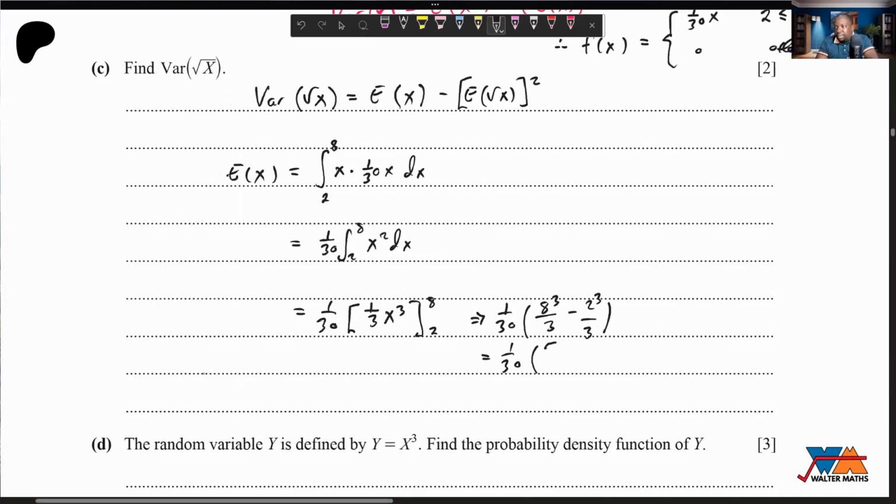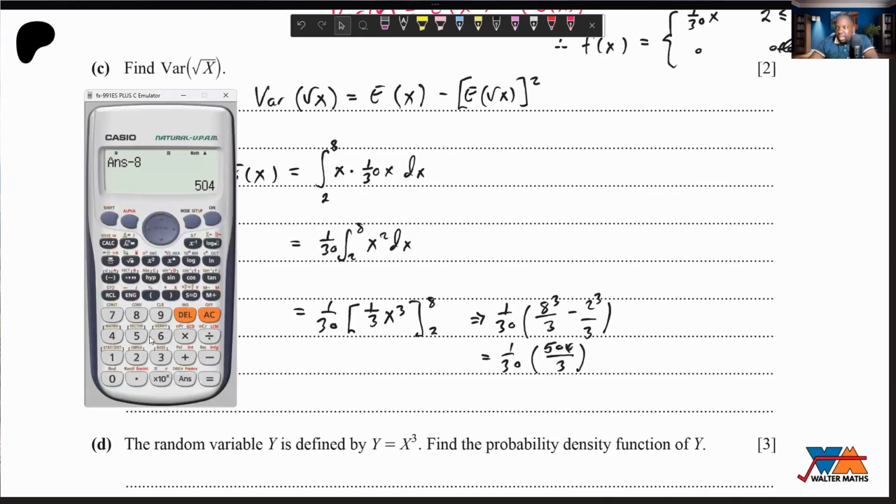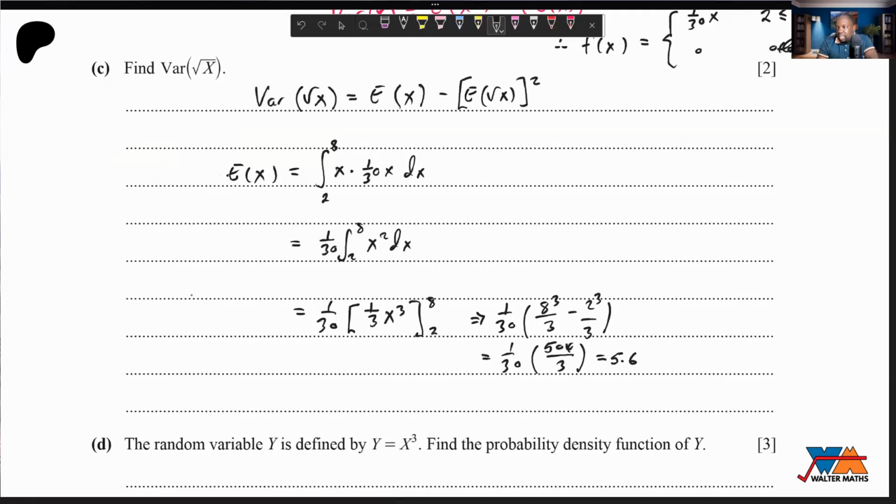So we have 504 over 3 here. And we calculate, and we get 5.6. So that's E of x squared, right? So let me place it here for the sake of space.